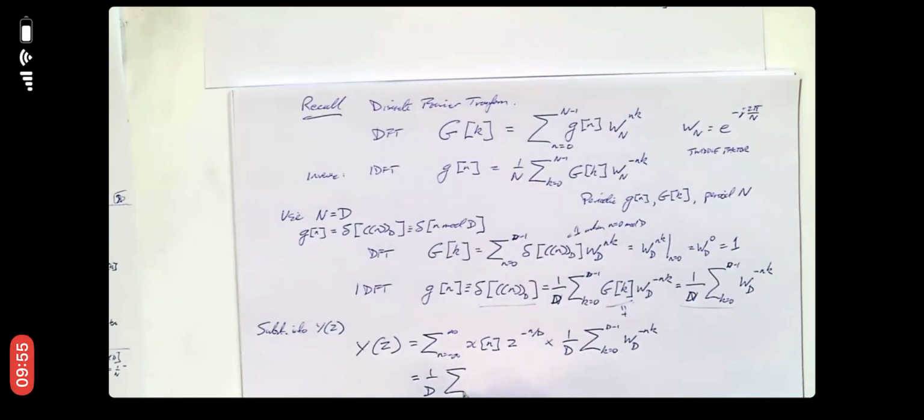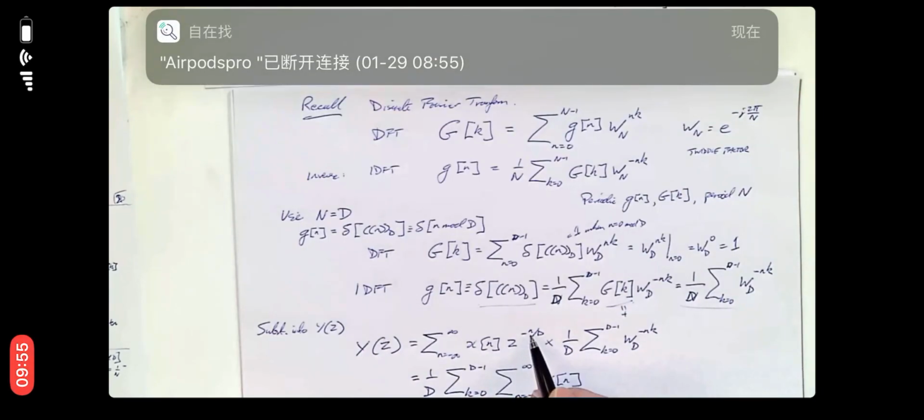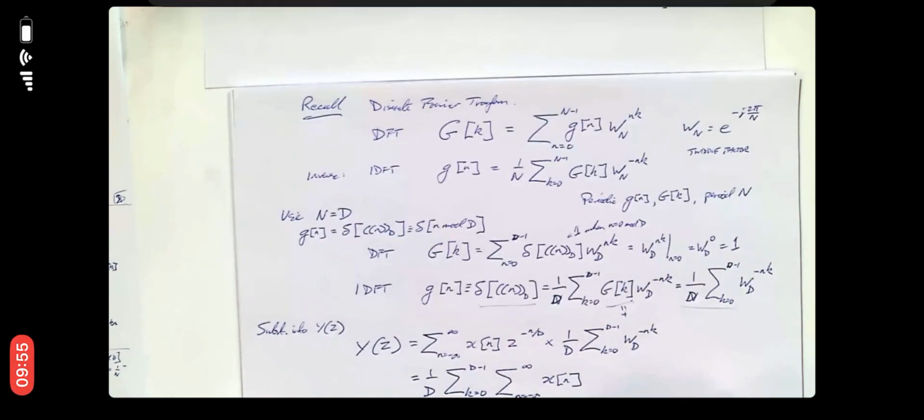We can put the sum over k to start with, k equals 0 to d minus 1, sum from n equals minus infinity to infinity x of n, the z to the minus 1 over d we've got here, W_d to the k we've got here.